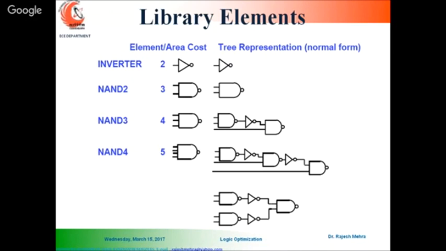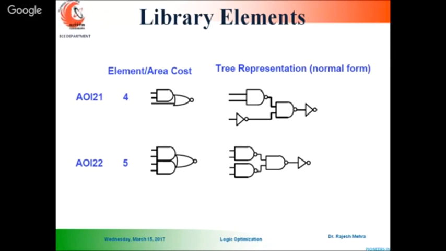The cost of the 2 input NAND gate is 3. The cost of the 3 input NAND gate is 4. The cost of the 4 input NAND gate is 5. And again, your first Boolean network's cost is 4, and the other one's cost is 5.